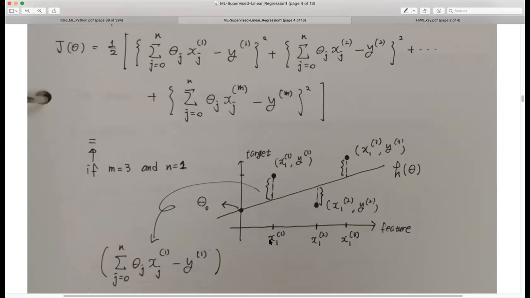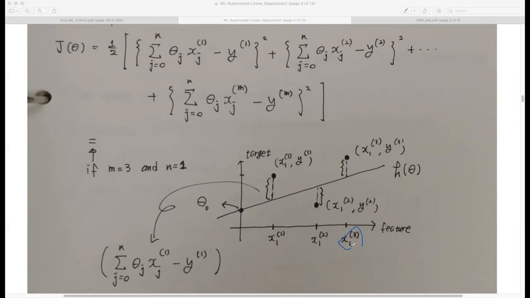So x sub 1 super 1, x sub 1 super 2, x sub 1 super 3, these represent the 3 examples. It means that x sub 1 super 1 is just the living area of the first house, x sub 1 super 2 is the living area of the second house, and x sub 1 super 3 is the living area of the third house.